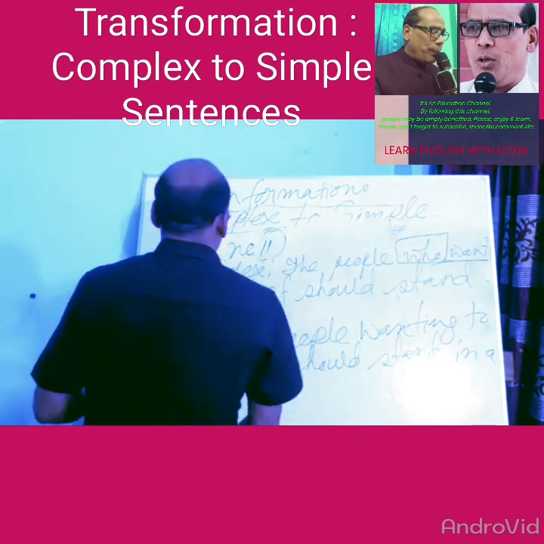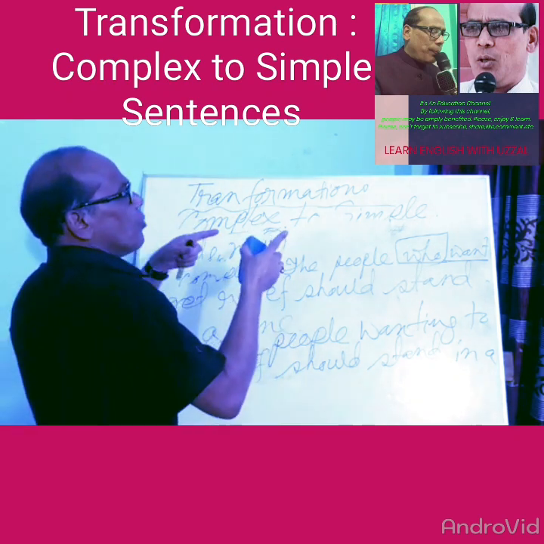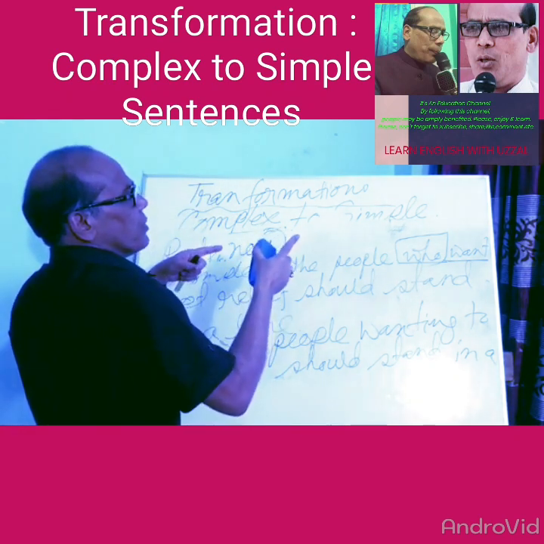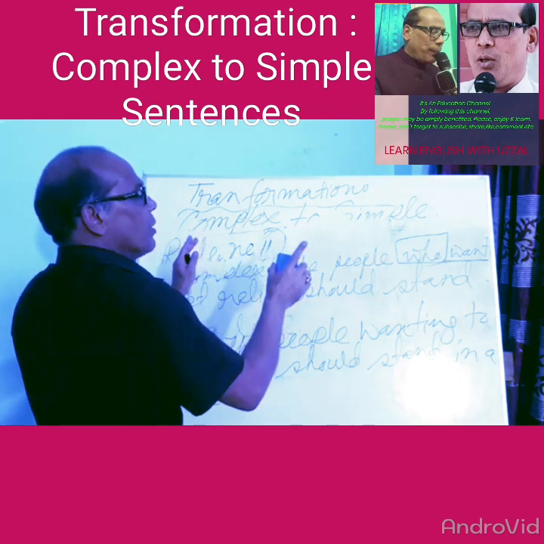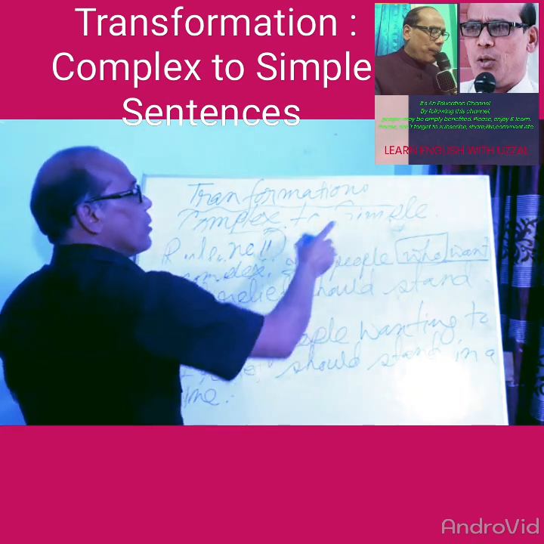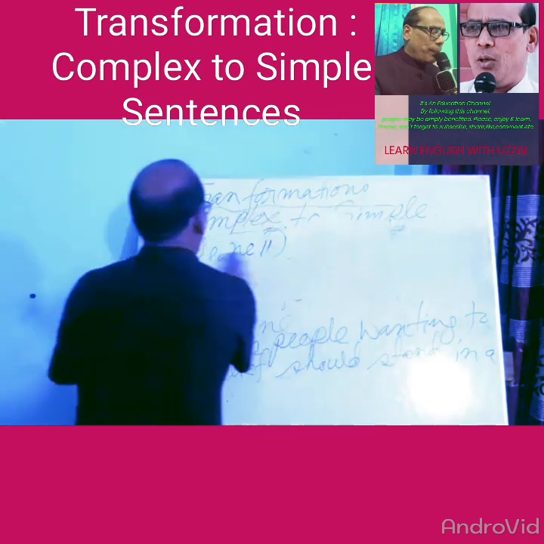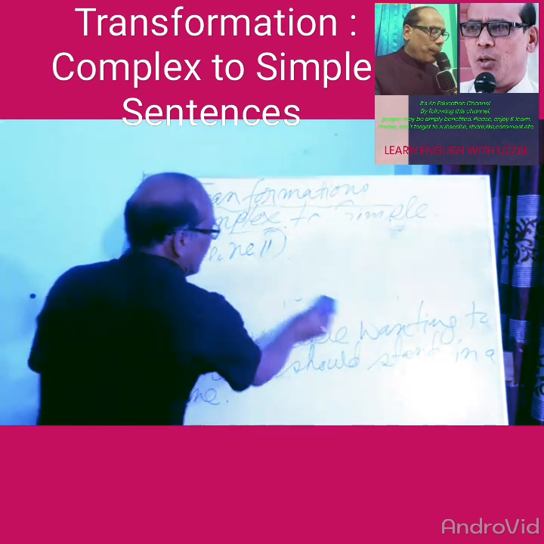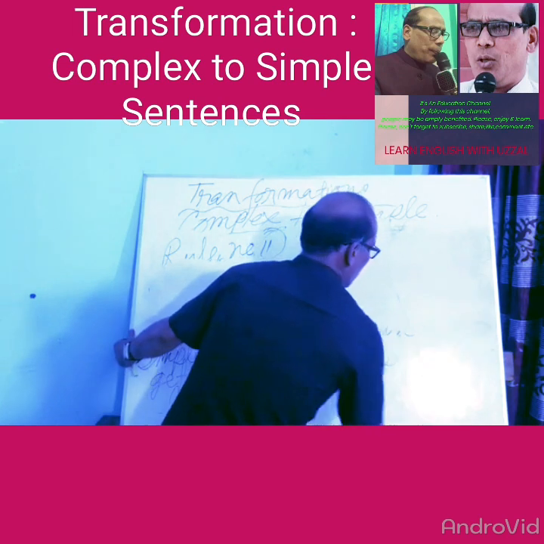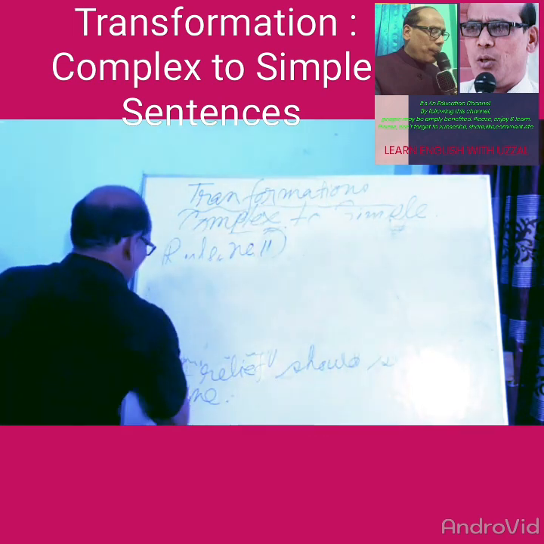So in this way, you will have to follow the differences of the sentences. Who is here, but the verb is ordinary. It is not a to be verb, so it is different.